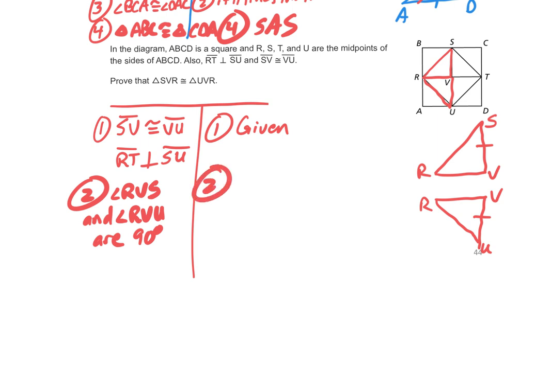Okay? How do we know that? What would be our reasoning? How do we know they're 90 degrees? Remember, our reasoning is going to be a property, a postulate, a theorem, a definition. So if I was to ask you, define perpendicular, what would you say?